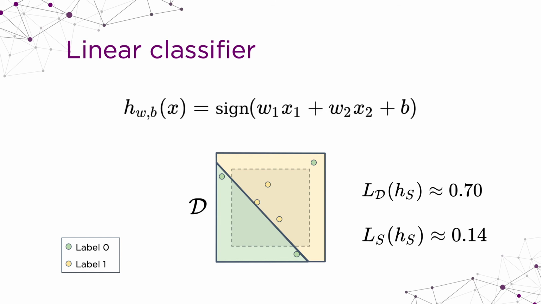And on the real risk, it's not very good either, because you have this huge area here, which is assigned to label 1 but should be assigned to label 0. And you also have this huge area that has been assigned to label 0 by the model, where the real label is label 1.